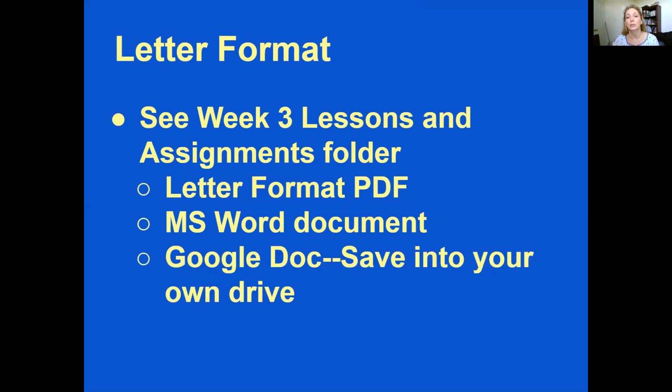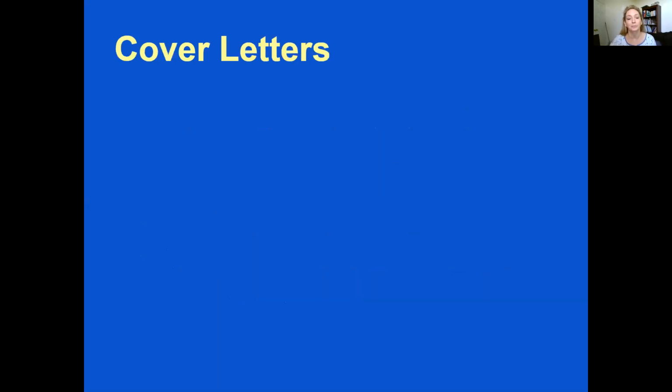I'm also going to send you to a Google Doc, but you will need to save or download that file into your own Google account. Don't just start typing on that file, because other people can see it and take it, and it's not yours to keep. So we'll give you instructions within that document on how to download it and make it your own.